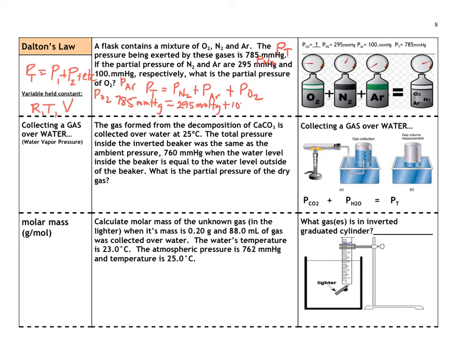Argon is 100 millimeters of mercury. And partial pressure of oxygen is our unknown. So subtracting the sum of these two values, the sum of 295 plus 100, gives us the partial pressure of oxygen to be 390 millimeters of mercury.